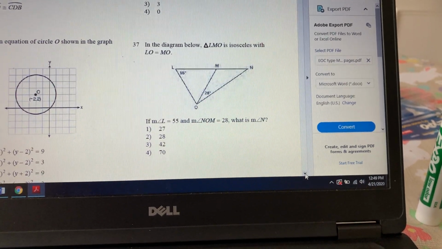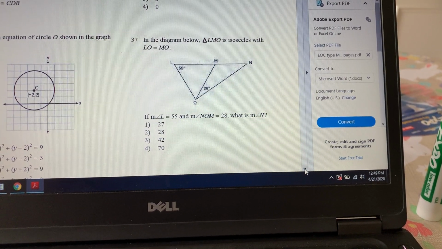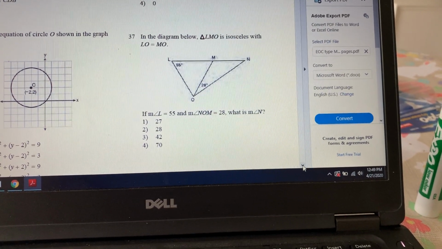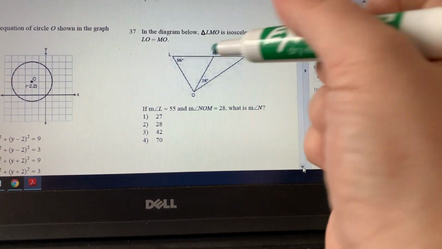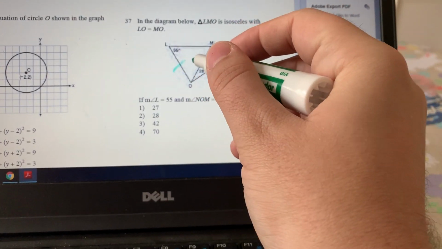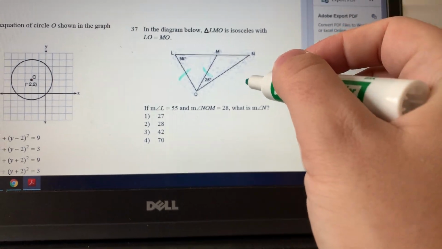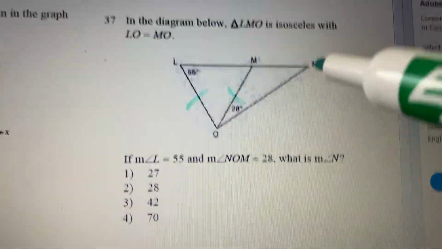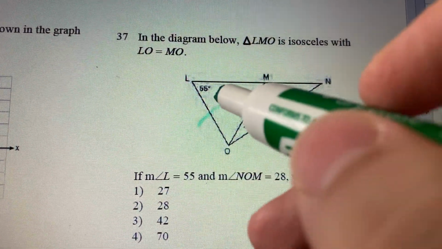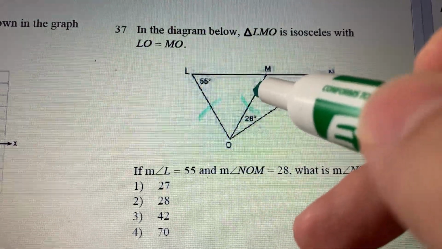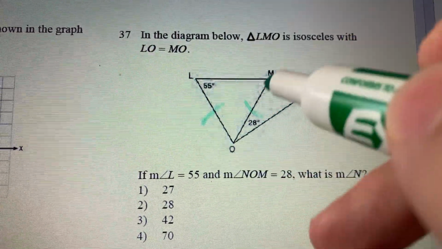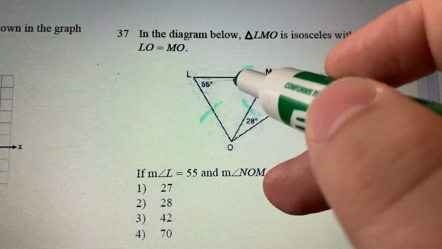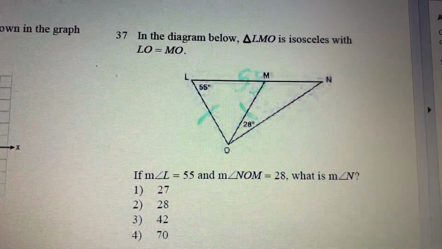All right, diagram below, LMO is an isosceles triangle with LO equaling MO, okay? So LO equals MO. Again, with the isosceles triangle, the two sides that are congruent, the angles across from them are congruent as well. So that means that that's 55, okay?